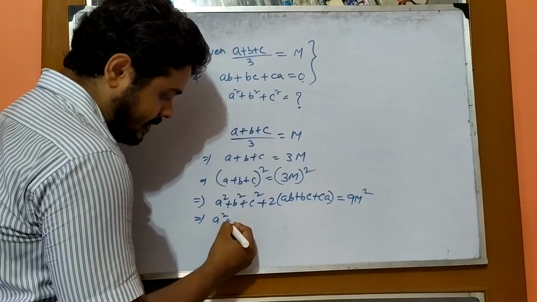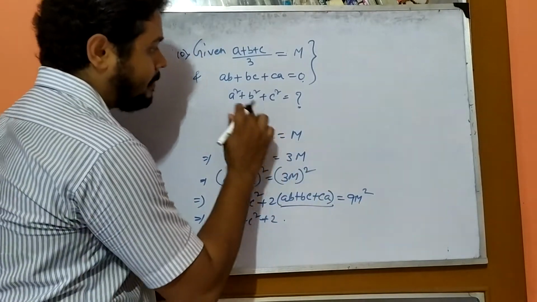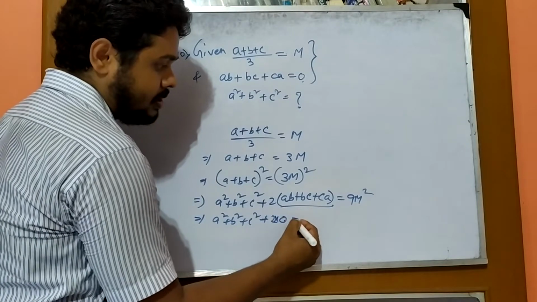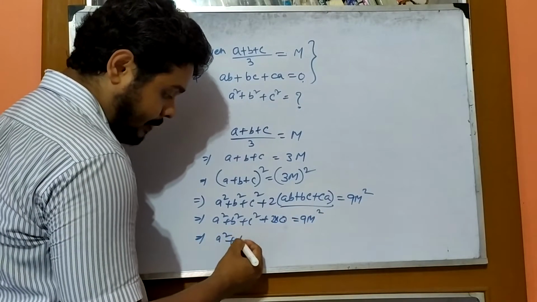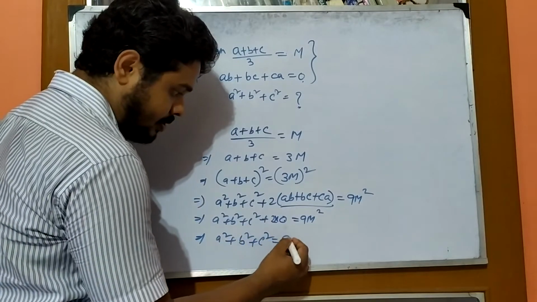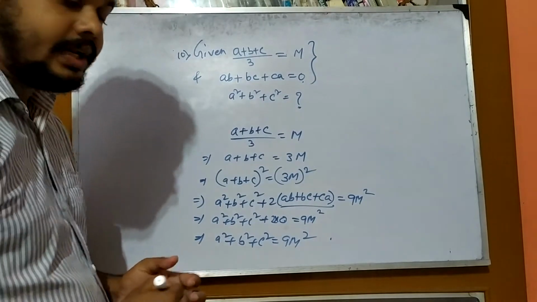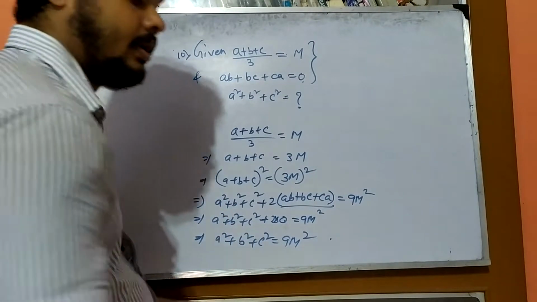Now, 2 into the value of that part, according to the given condition, is 0. 2 into 0 is 0. So ultimately our answer is A square plus B square plus C square equals 9m square. Clear? This is the solution of question number 10.